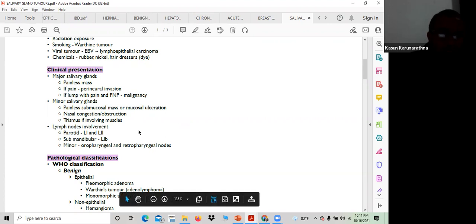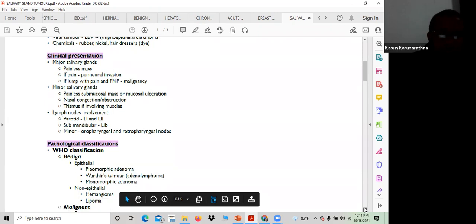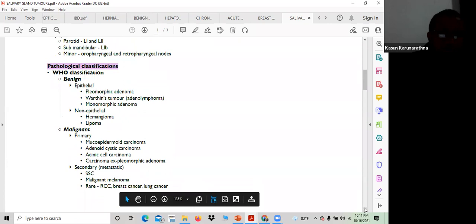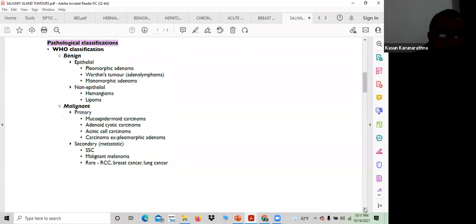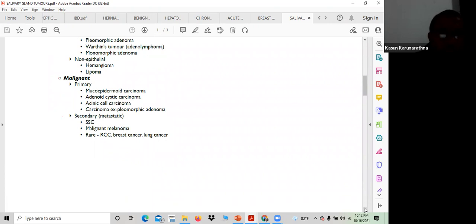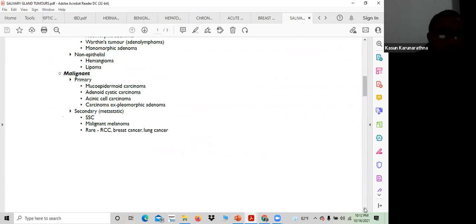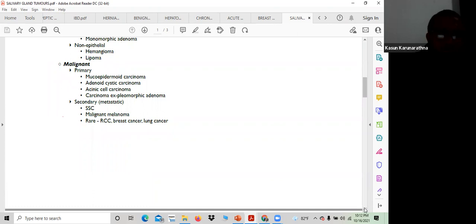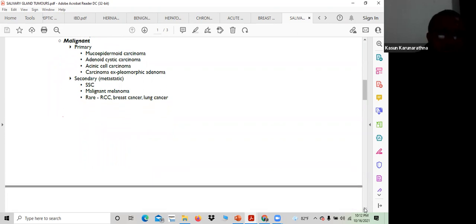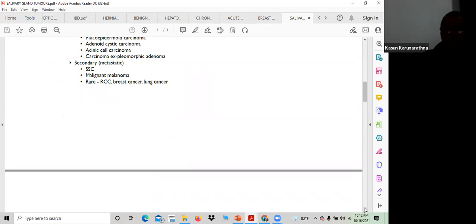And they can present as lymphadenopathy as well, right? Benign tumors: pleomorphic adenomas, Warthin's tumor, monomorphic adenomas. Malignant: mucoepidermoid carcinoma, adenoid cystic carcinoma, or it can be metastatic tumors as well, right? Melanomas, squamous cell carcinomas, or breast CA. Its secondary in parotid, right?